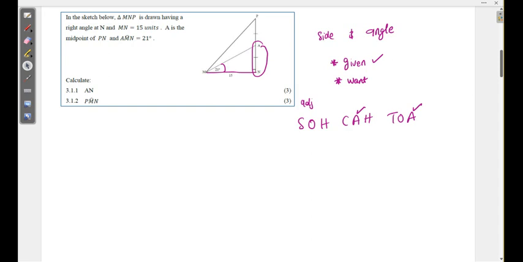Now you ask yourself again, what is the relationship between the angle that is given and the side that you want? What is the relationship? Anyone who can tell us? I see Ngube there. Good people, when you look at the angle, when you look at the side, what is the relationship there?